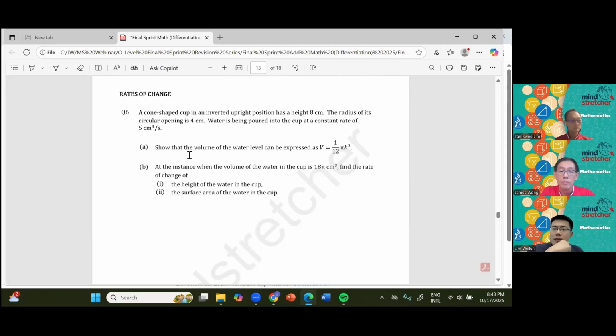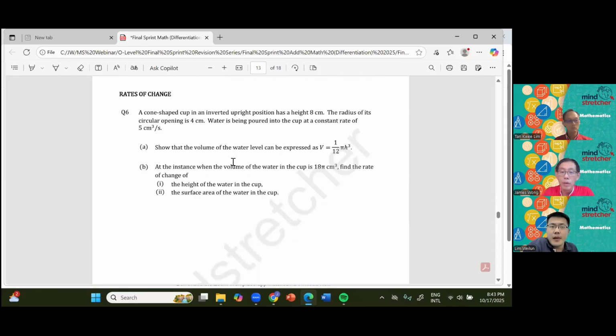Okay. Now, for this question, this is a cone-shaped cup, inverted, upright. Given to us is that the height is 8 cm. The radius of the circular opening is 4 cm. Water is being poured into the cup at a constant rate, which is 5 cm cubed per second.